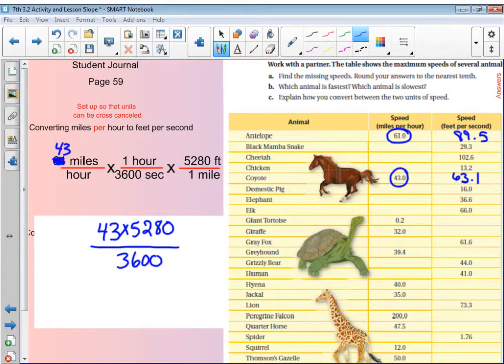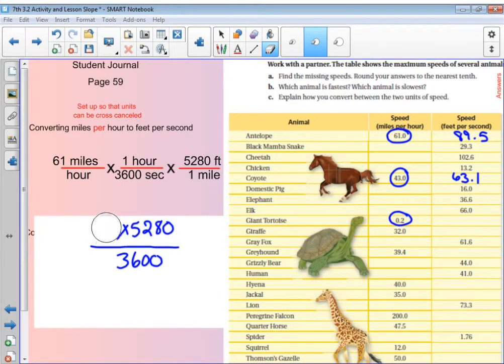That was the coyote. Okay, so now if we go through and do our next one, it looks like we have the giant tortoise, and that was a 0.2. So we'll substitute in our 0.2. And really, where I had the 43 in my equation, that's where I can substitute in my 0.2 and not have to rewrite.